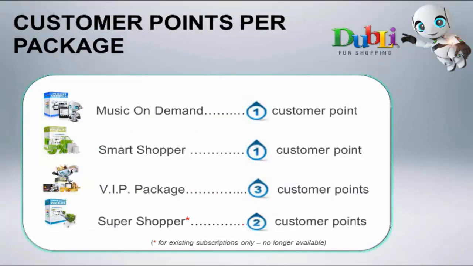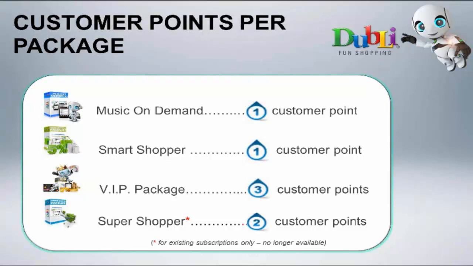Now let's take a look at the packages. We know that we have the music on demand, and that is worth 1 customer point to you, the business associate. The Smart Shopper package is when customers subscribe in the shopping mall to get their 5% cash back. When a customer subscribes to the Smart Shopper package, it's worth 1 customer point to you, the business associate.